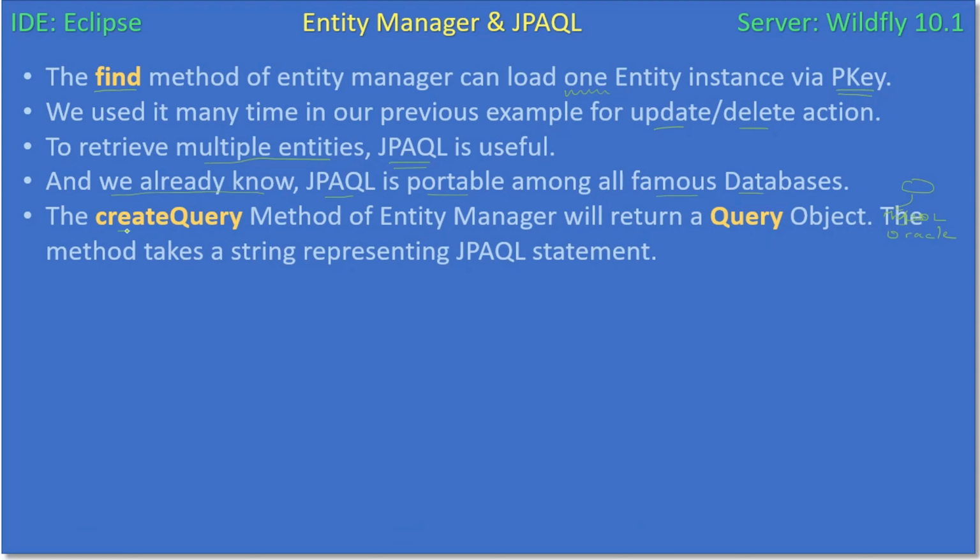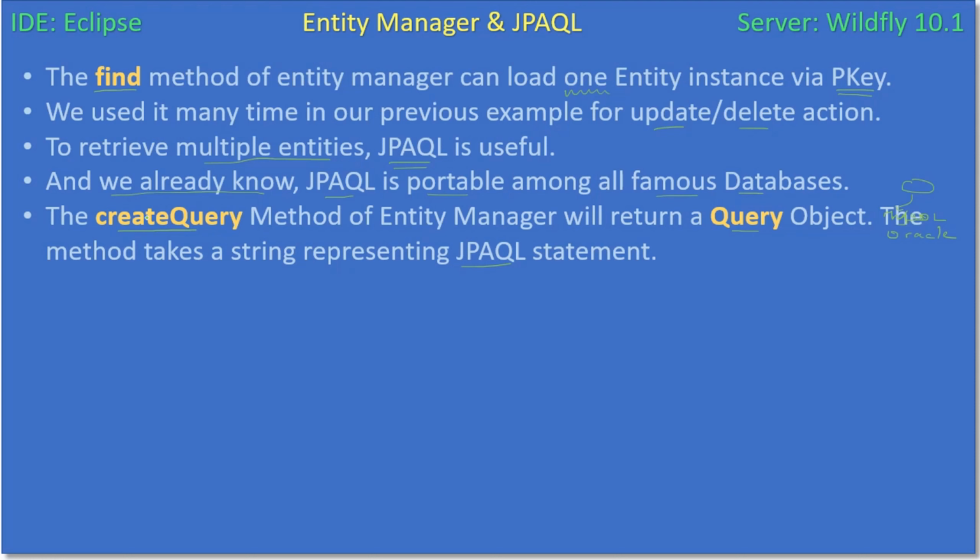The createQuery method of the entity manager will return a query object. So these two are the heart of this subseries, and we will use it many times. The method takes a string representation of a JPA-QL statement.